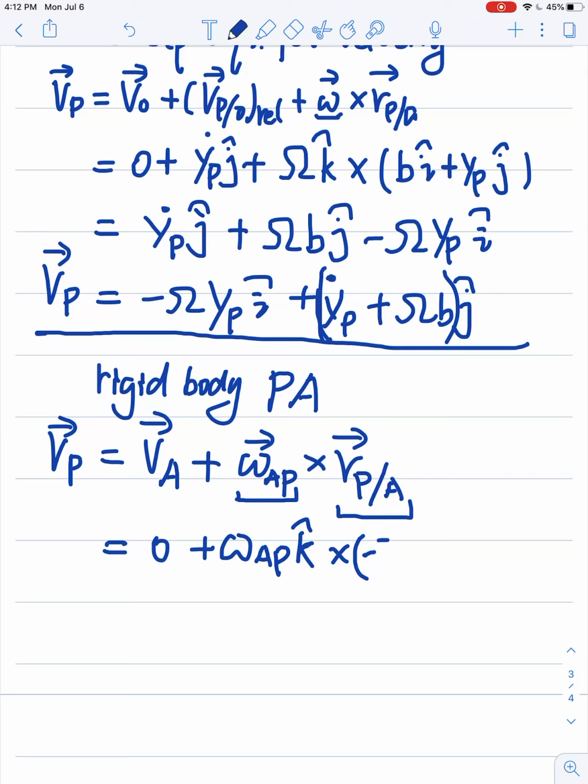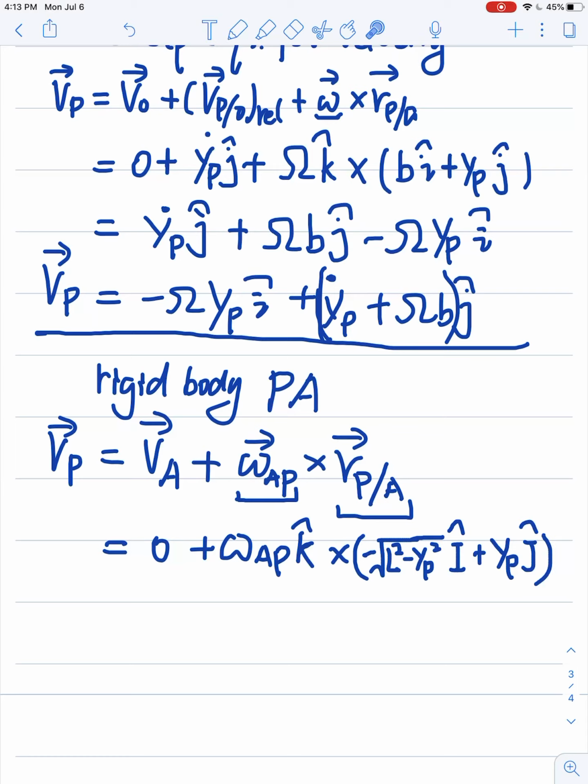Here we should put negative square root of L squared minus YP squared, that's in the I direction, and plus YP J.